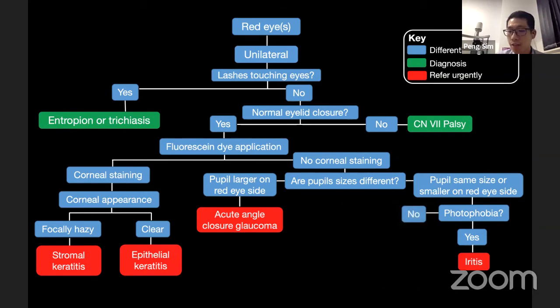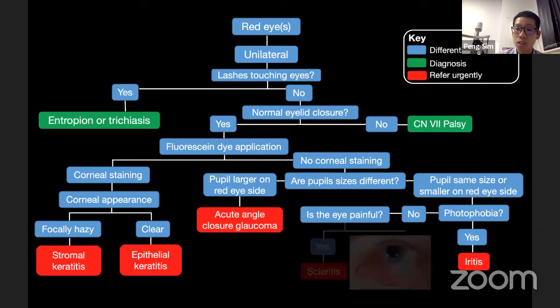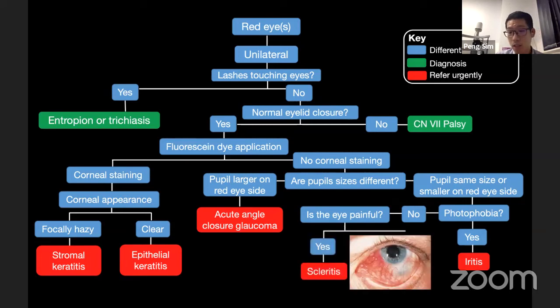If the patient doesn't have photophobia, light sensitivity, then ask the patient, is the eye really painful? Because if it's really painful to the point where the patient is waking up at night, and they describe it like a tooth pain, then you have to think about something more sinister, like scleritis. Usually you see that in the context of connective tissue disease like rheumatoid arthritis.